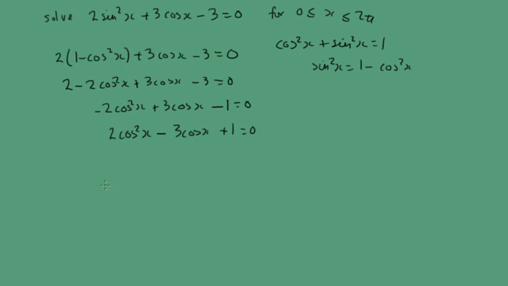Now we can solve this like we would any quadratic equation. So we'll have 2 cosine x minus 1 times cosine x minus 1 equals 0. So cosine of x must be a half, or 1.